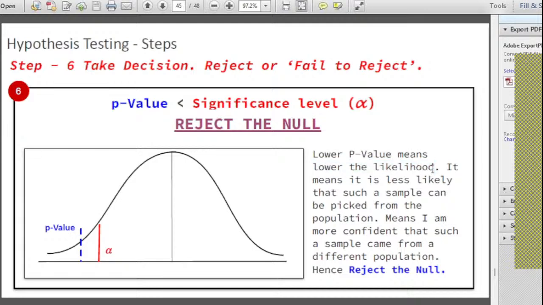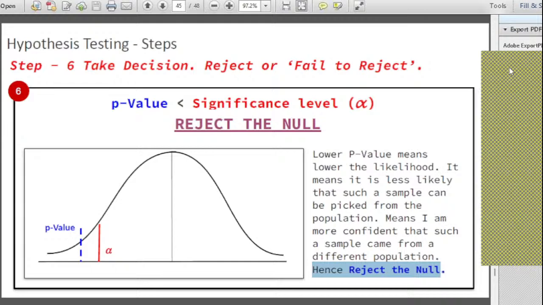It means that it is less likely that such a sample can be picked up from the population, right? Means I am more confident that such a sample came from a different population, hence we reject the null.